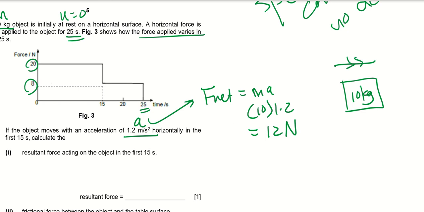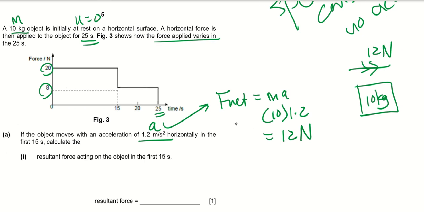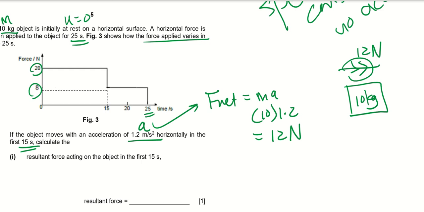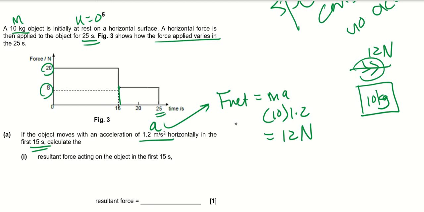My F net is 12 Newton, right? F net, you draw above the object. You don't touch the object with a double arrow. So this happens during the first 15 seconds. That means I should be using this amount of force, which is 20 Newton. That means I have 20 Newtons here.